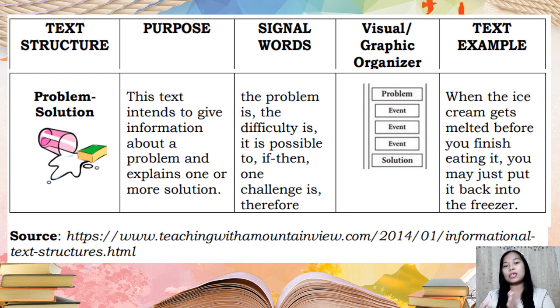And then the next clause, you may just put it back into the freezer, is the solution presented to solve the problem, which is in the first clause of the said text. So in that text, there is the problem and the solution. And we got this information from teachingwithamountainview.com on all about informational text structures.